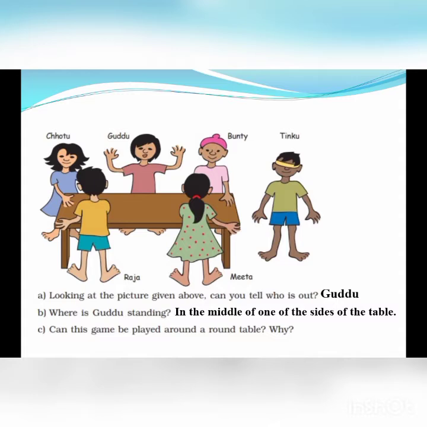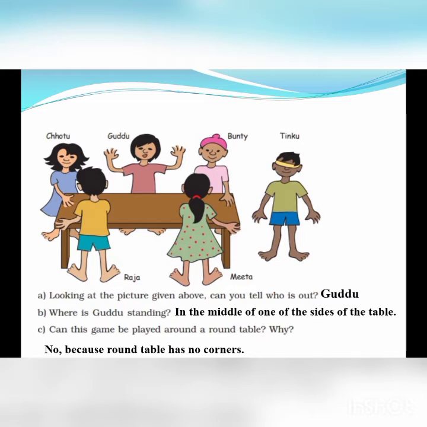And the last question, can this game be played around a round table? Why? Yes, we know we cannot play this game around a round table because a round table has no corners. Am I right?